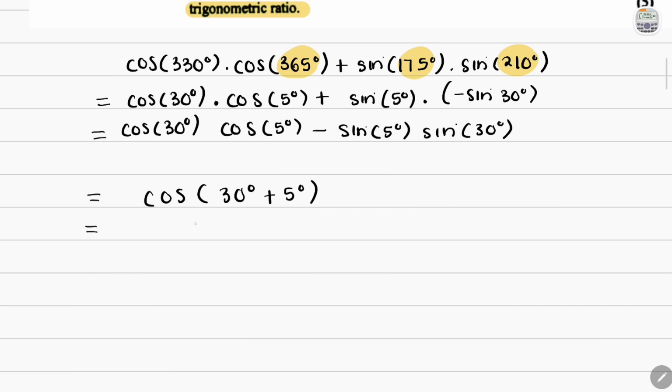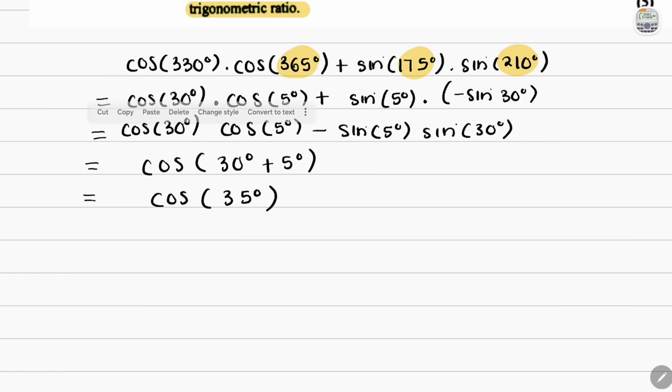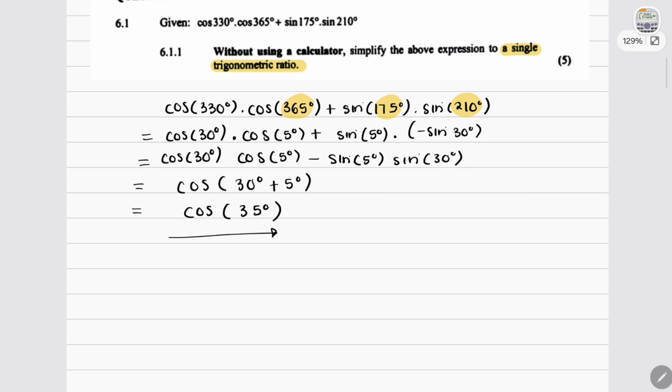Then just simplify it further. So this is cos 35 degrees. That's the single trig ratio they were asking for. Cos 35 degrees is our answer.